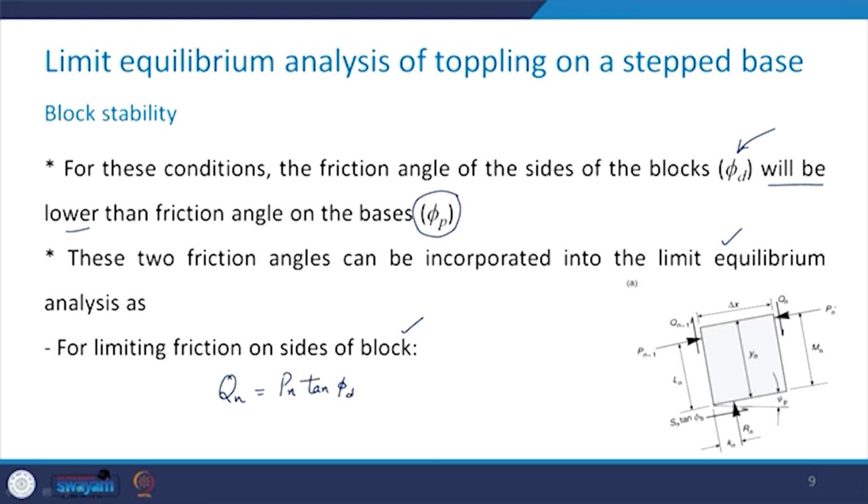Take a look here, this is your Pn and here the friction angle is phi d. So, this Qn will be Pn tan of phi d. So, this equation will be 19 and similarly you can write Qn minus 1 as Pn minus 1 tan of phi d. This will be equation number 20.